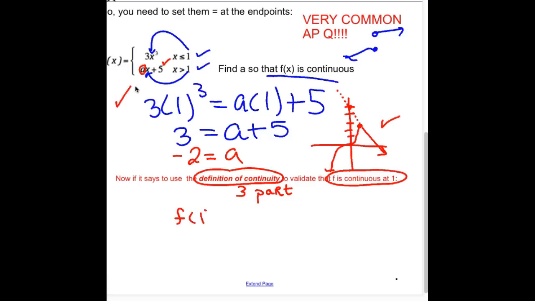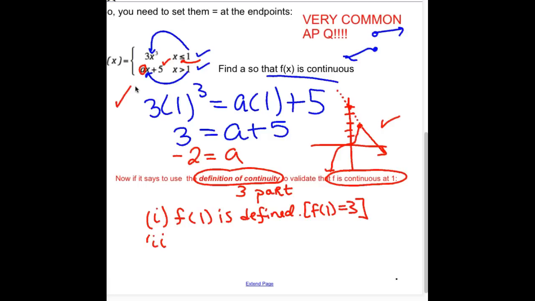Because f of 1 is defined, aka there's a solid dot there, aka that didn't say less than, it said less than or equal to. There's no open hole there. And we can just write f of 1 is defined. Actually, if you wanted to be even more specific, you could say f of 1 equals 3, therefore it's defined. But f of 1, solid dot.